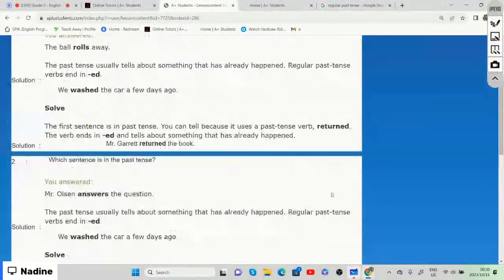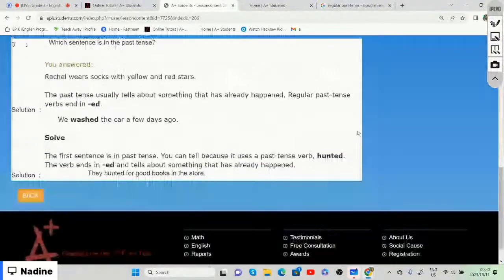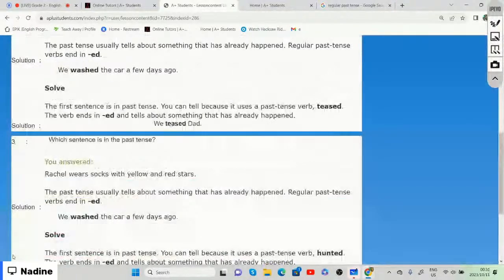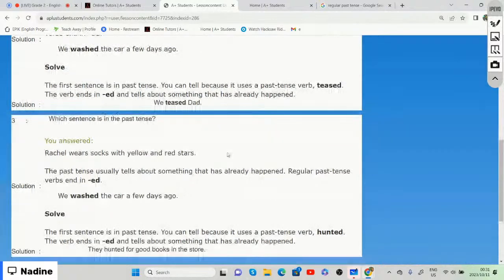All right. Last one. Rachel wears socks with yellow and red stars. So we now need to say which sentence is in the past tense. All right.